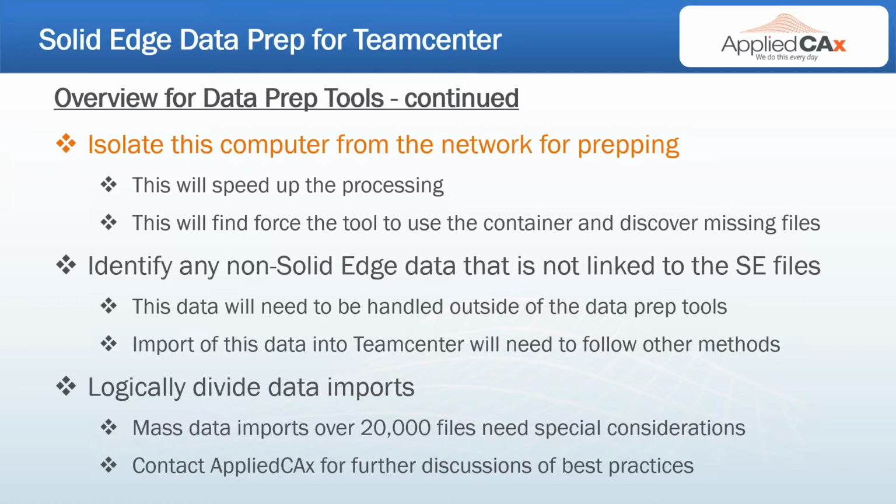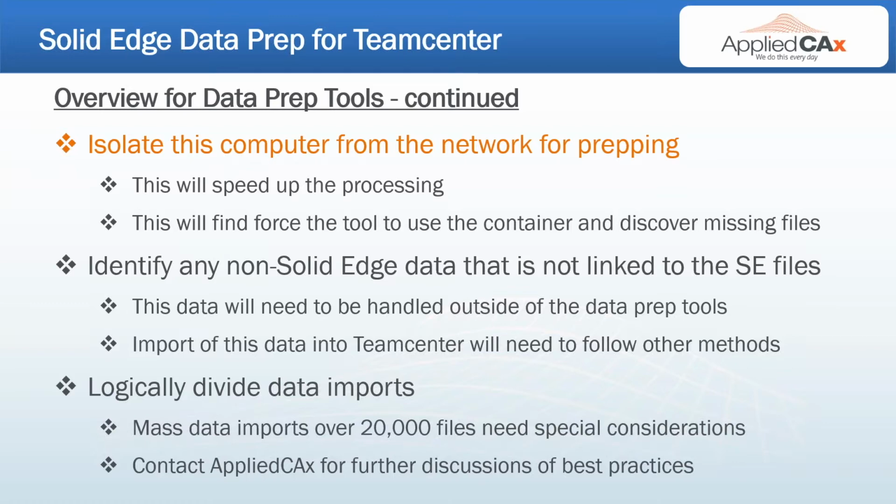If you have an Excel file or a JPEG file, etc., imported into your draft file, those are linked and we can use those. But non-linked data, we cannot process with the data import tools. You'll need to import this data into Teamcenter using other methods. There are out-of-the-box tools with Teamcenter that can be used to import non-Solidedge data.